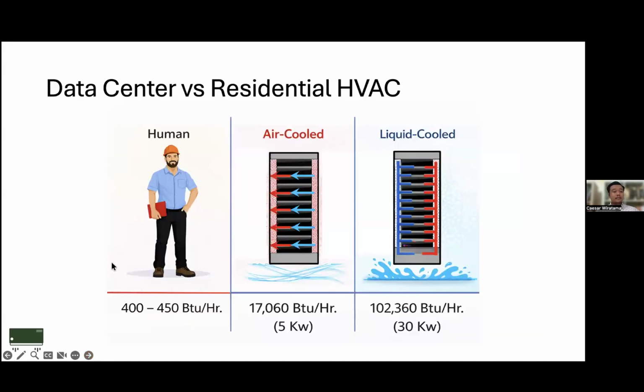And why is the data center HVAC different from a residential or office HVAC system? The major thing that makes this difference is the energy density. Like we discussed in the previous discussion about human metabolism, a human will only generate around 400 to 450 BTU per hour, which is much less compared to the data center.